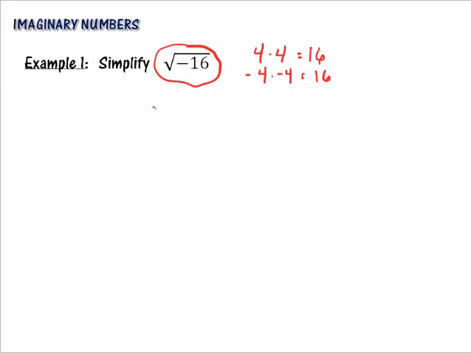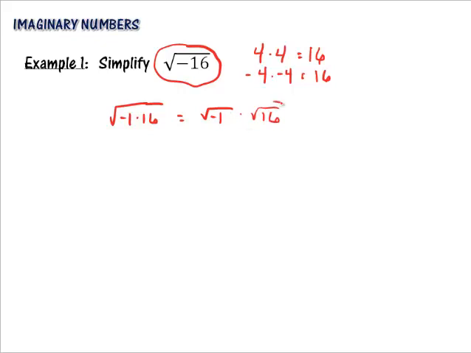So here's what I'm going to do. I'm going to rewrite this as the square root of negative 1 times 16. By our rules, we can change that to the square root of negative 1 times the square root of 16.